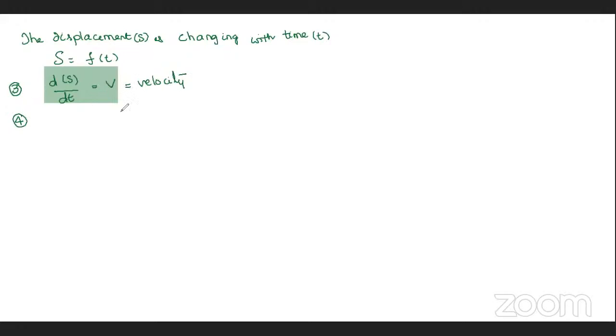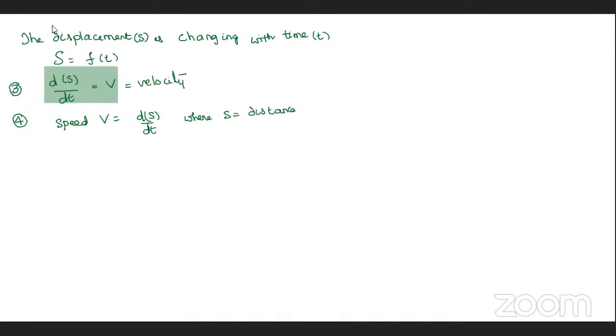Instead of velocity, if I ask speed, then it is very simple. In case of speed, we take the change of not displacement but distance. So ds by dt, same thing I write here, but where s is distance.